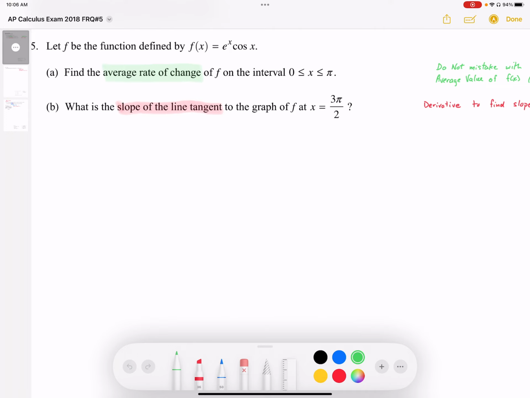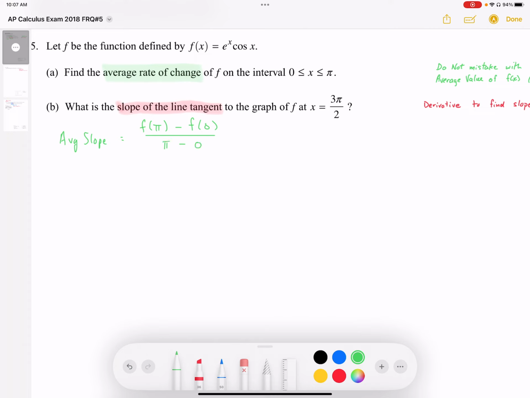So for A, the average rate of change, or the average slope, is going to be equal to f at pi, the y value of pi, minus y value of 0 over pi minus 0.